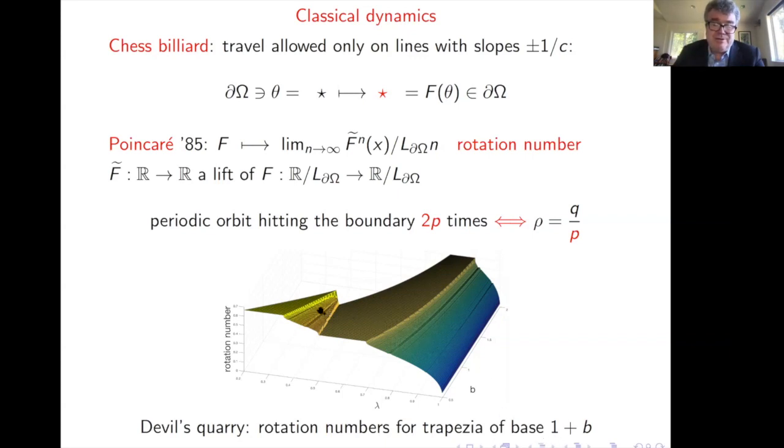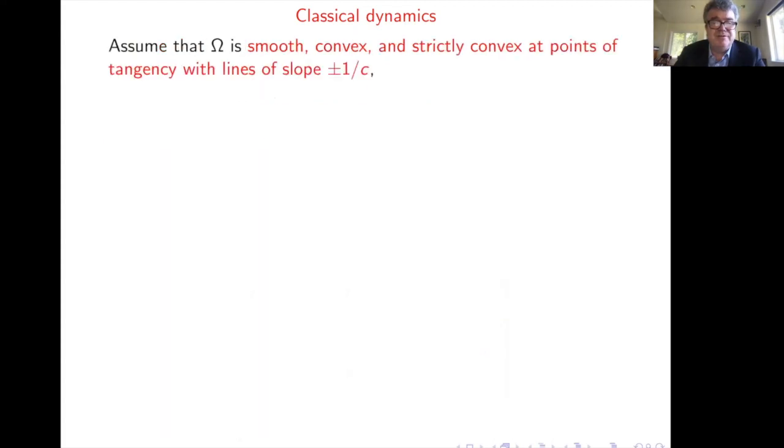And what one sees is that one has this large rational plateau. And in fact, Lenci and collaborators proved existence of such plateaus for more general things than trapezia. But for trapezia, it's not difficult to see, at least for some configuration of sides, that you have rational values. So just some review of facts about this classical dynamics.